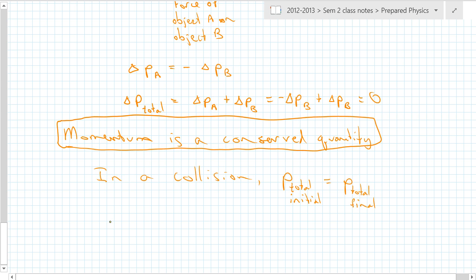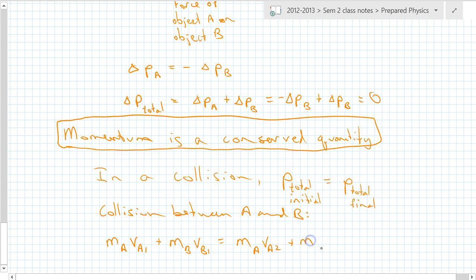If we talk about a collision between two objects A and B, we would have MAVA1 plus MBVB1 equals MAVA2 plus, sorry, those should be B's, MBVB2.